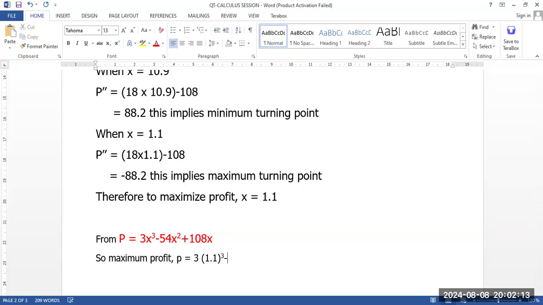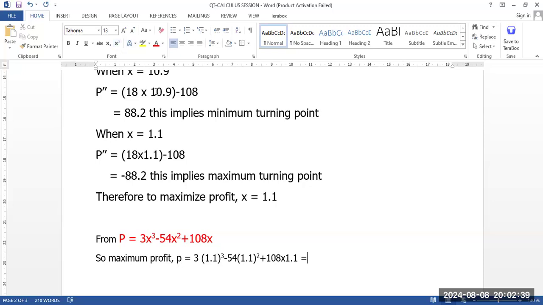Then minus 54 into 1.1 power 2, then plus 108 times 1.1. So finally, what is your figure?